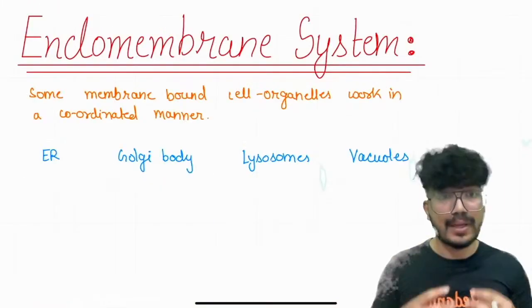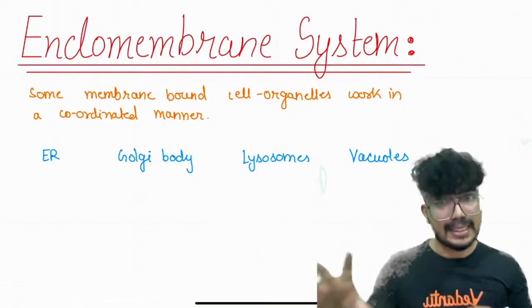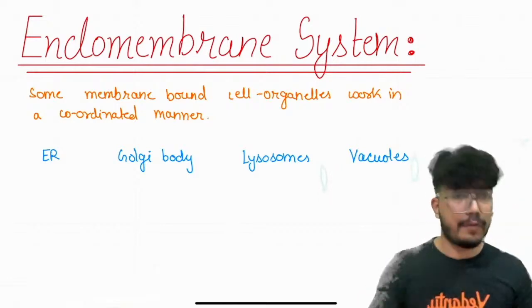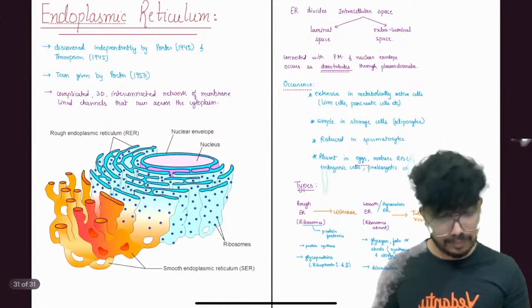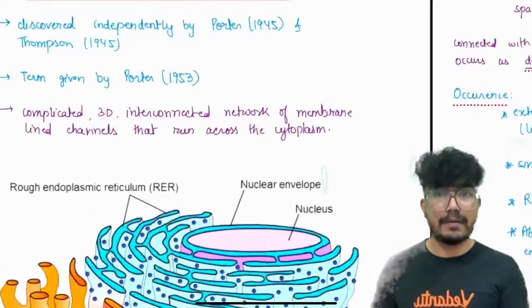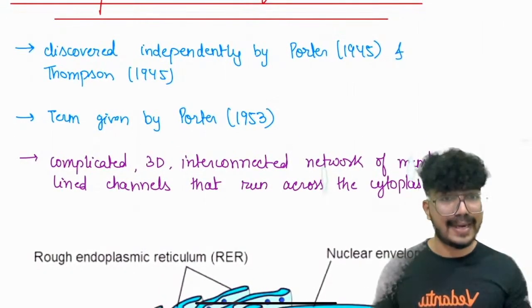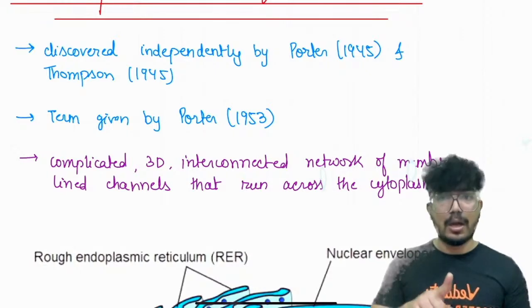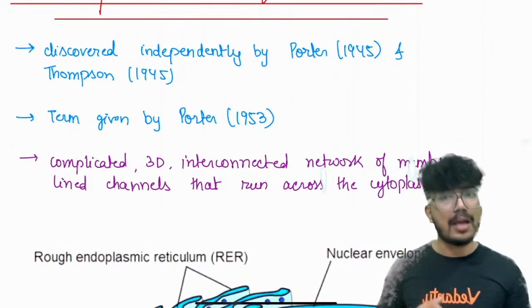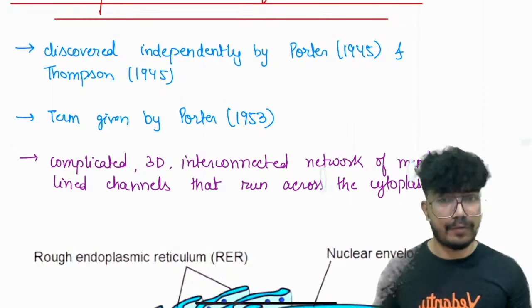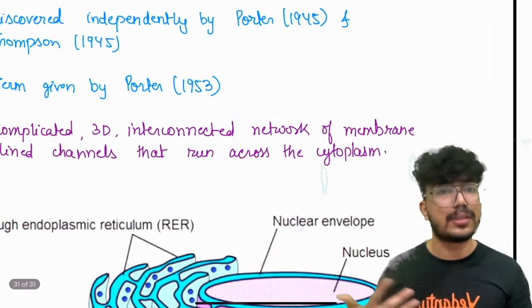The plasma membrane is closely related to the endomembrane system: ER, Golgi, lysosomes, and vacuoles, right? Then we talked about the very first component of the endomembrane system, the endoplasmic reticulum, discovered by Porter and Thompson in the year 1945. They worked independently. The term was given by Porter in the year 1953. What is ER? A complicated 3D interconnected network of membrane-lined channels that run across the cytoplasm.